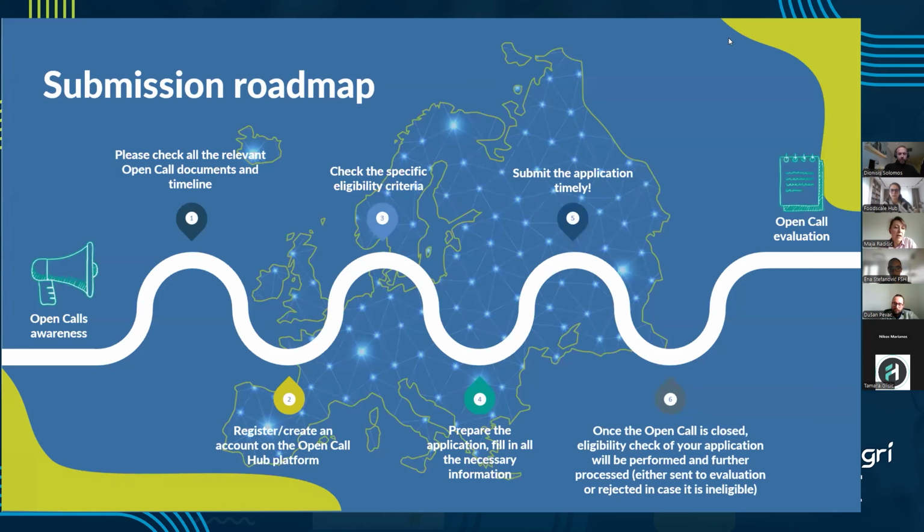Submission roadmap, open call awareness. So you need to check open call documents available at our website, register or create an account at the Open Call Hub platform. In case you haven't done it, please do it as soon as possible. Check the specific eligibility criteria, as explained before, but in depth you can find it in the applicant's guide and other open call documents.